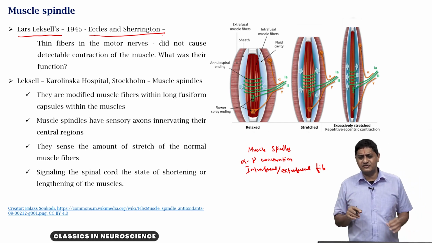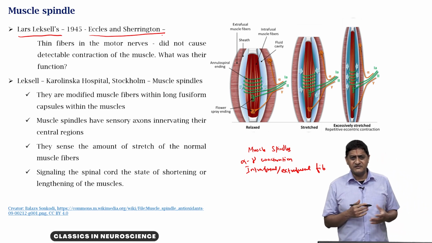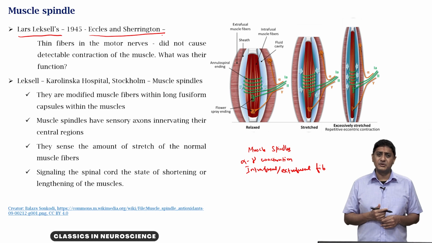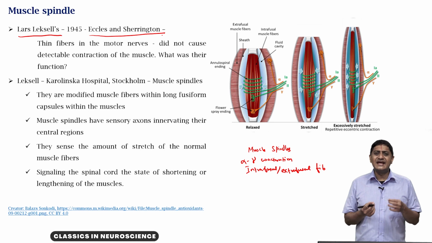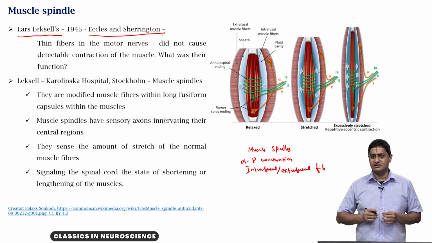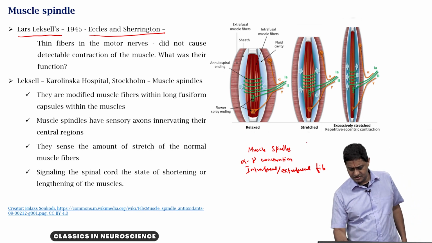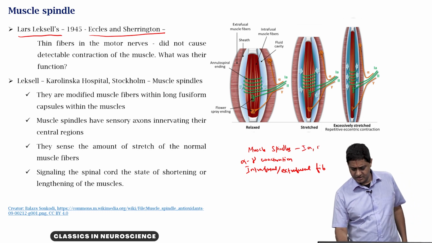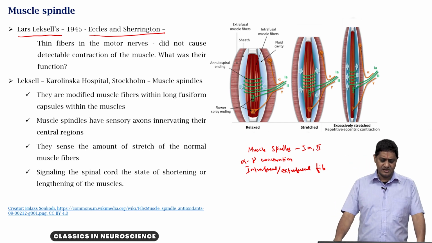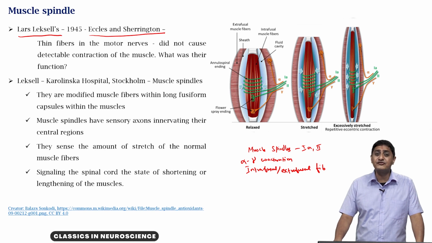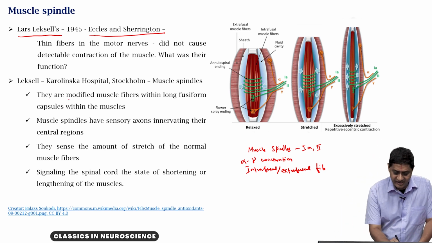So, remember muscle spindles, we mentioned this in our previous discussion on the crayfish and the receptor potential. Muscle spindles are those that detect length and velocity change, length of shortening and velocity of shortening. These are of two types, 1A and 2 afferents. It was found that these are a different type of fibers. These fibers are called intrafusal fibers. So, these are modified muscle fibers.